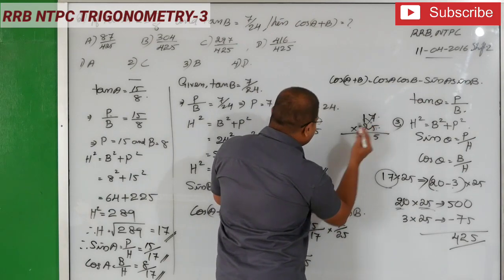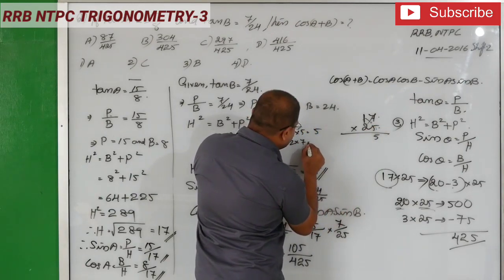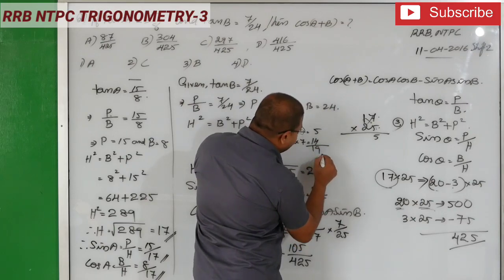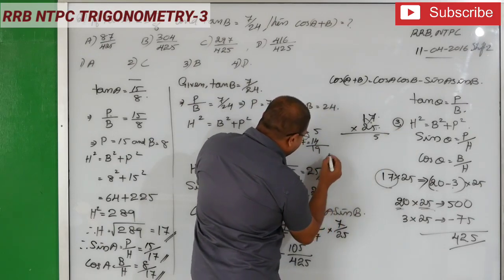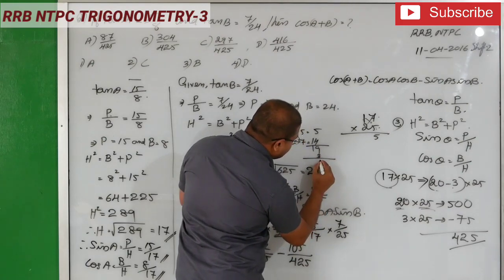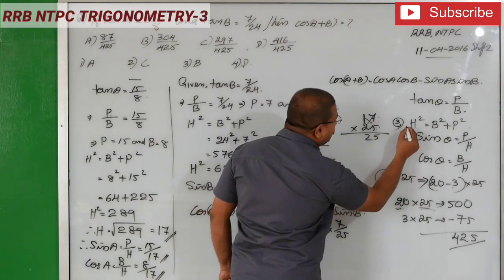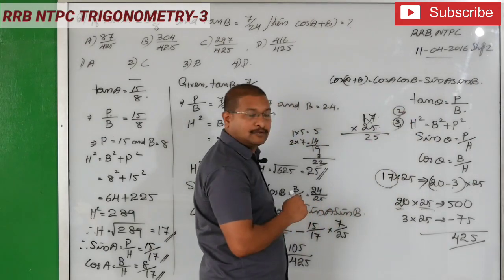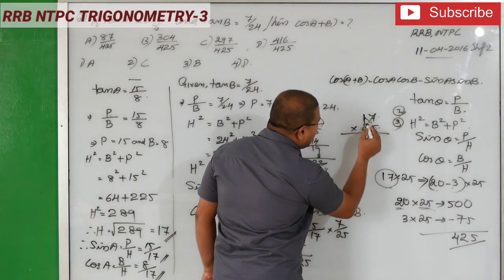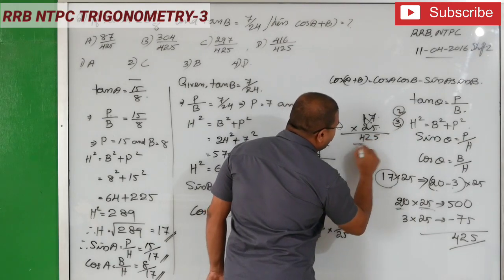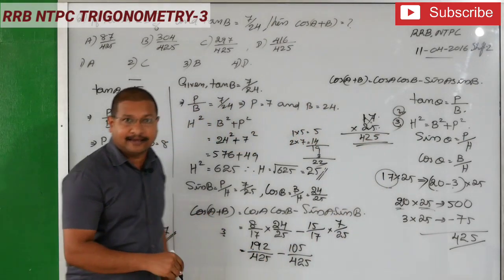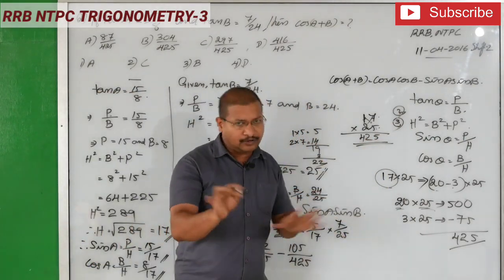After that 2 into 7 is 14. So we'll get 14 plus 5, 19. After that 3 is here, so 19 plus 3, that is 22. 2 will write and 2 will be the remainder. Now, 2 ones are 2. 2 plus 2, 4. That is Vedic arithmetic, which you feel easy, you can apply that.